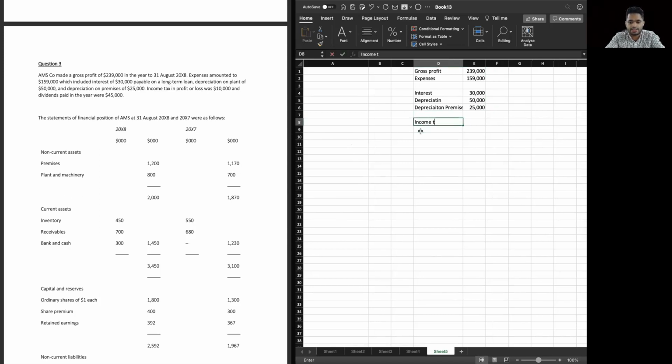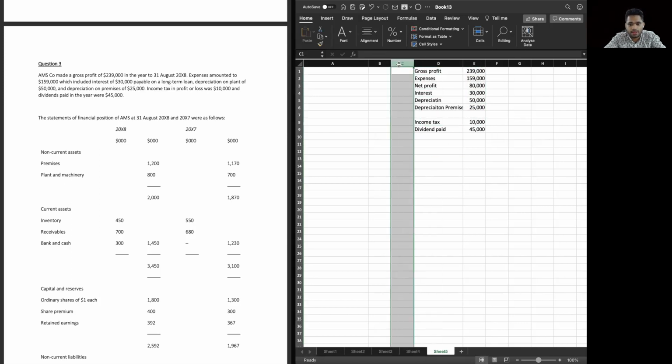So the income tax of this organization is going to be 10,000 and the dividend paid is going to be 45,000. Right. So your net profit will be 239 minus 159, which is 80,000, right?